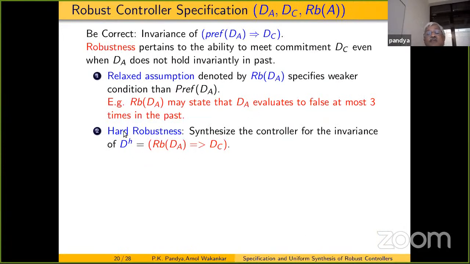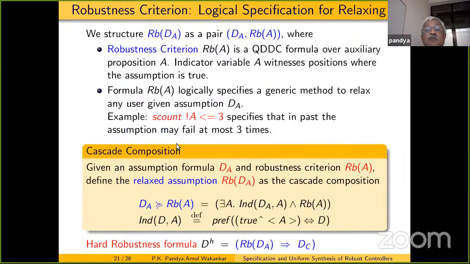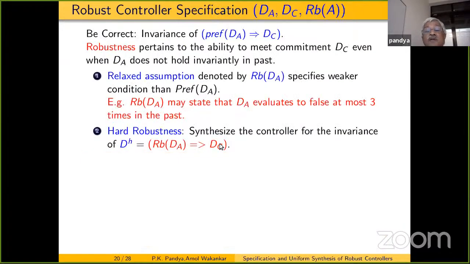So you have this hard robustness requirement which says that if the relaxed assumption RB of DA is true, not necessarily the strong assumption, prefix of DA, or continuously in the past DA, but this relaxed assumption RB of DA is true, then I want to satisfy DC. For example, if you take this red colored example RB of DA, it says that if DA has been evaluating to false at most 3 times in the past, I want to continue to maintain the commitment.